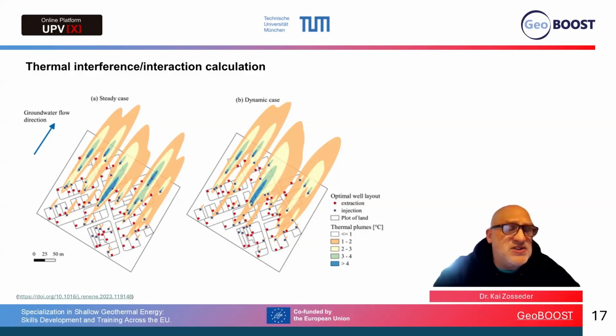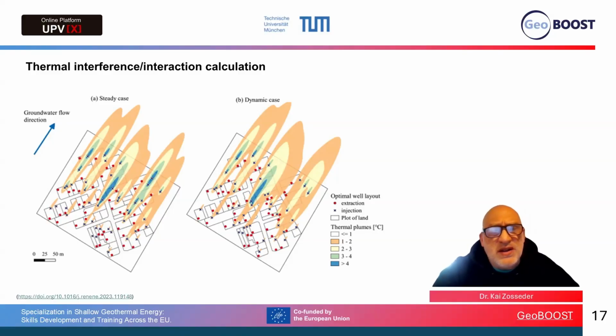On the left side, you see a simulation in a steady case. So we try to simulate what is the utilization in a peak load situation. But of course, you do not have the peak loads at the same time, and you have seasonal use or seasonal variations here, of course.